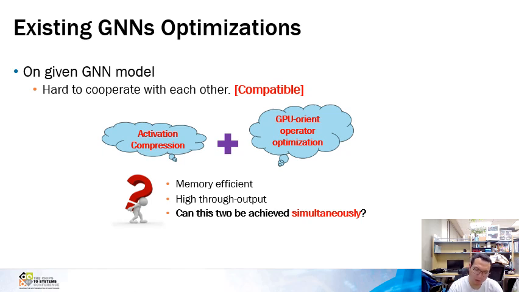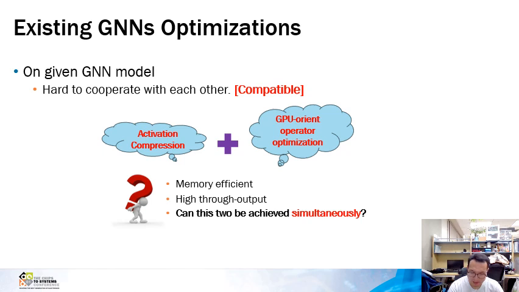Both are crucial, but combining them seamlessly is not always straightforward. Activation compression reduces the memory consumption of activation data. On the other hand, GPU-oriented operator optimization aims to maximize the throughput and efficiency of GNN computation on GPU. This helps in speeding up the computation, making the process much faster.